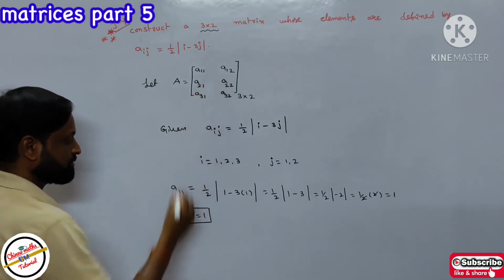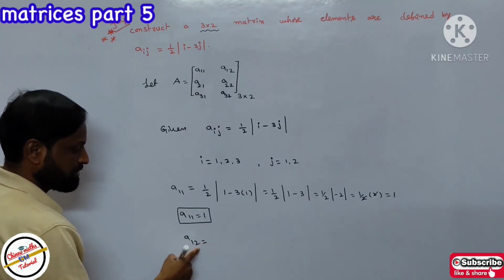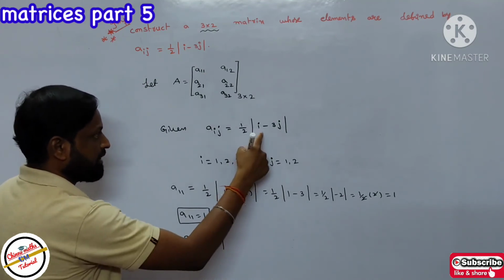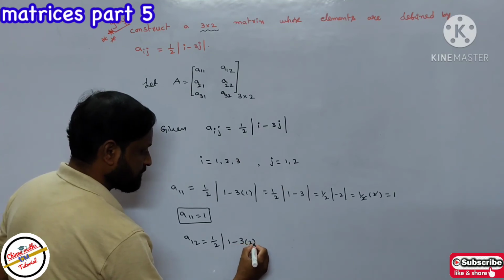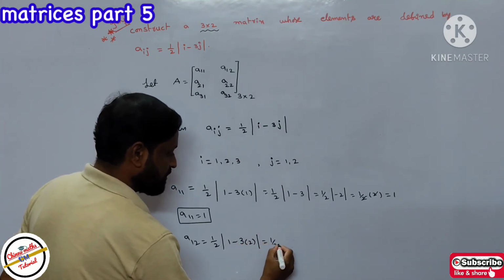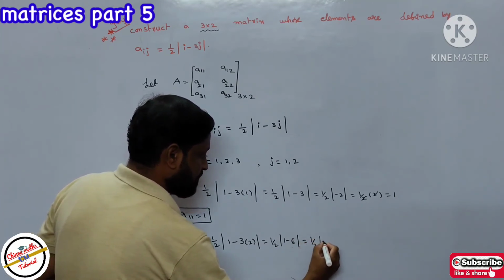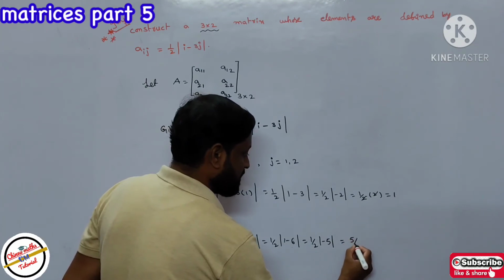Similarly, find a12: i equals 1, j equals 2. Substituting, 1 by 2 into modulus of 1 minus 3 into 2, which is 1 by 2 into mod of 1 minus 6, which is mod of minus 5. Directly we write 5 by 2.